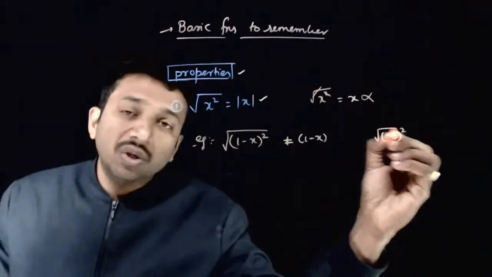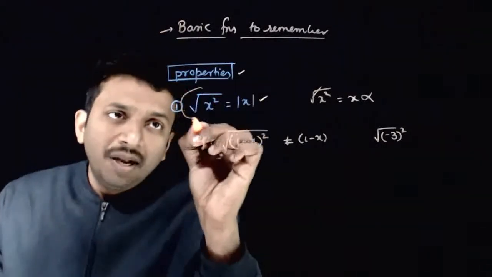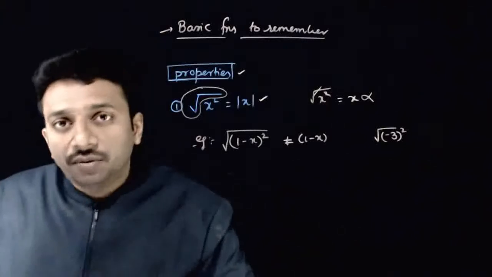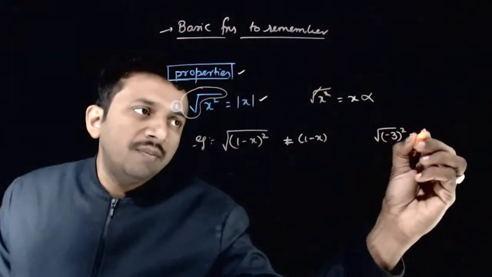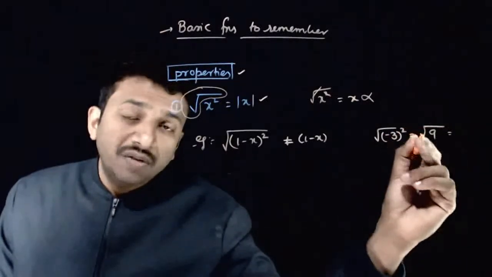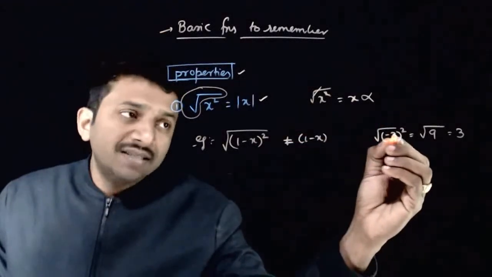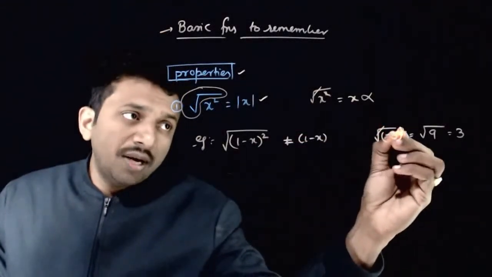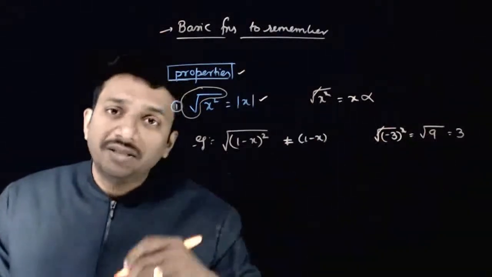This square root and square cannot be cancelled, because this is a symbol for the positive square root. Square root of (minus 3) whole square is square root of 9, and the positive square root of 9 is plus 3. So the square root and square do not cancel each other; to get minus 3, the answer is plus 3.